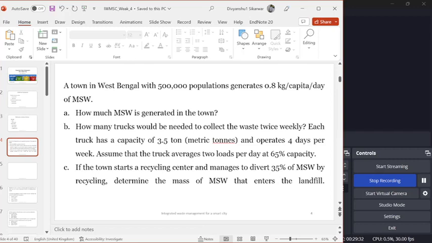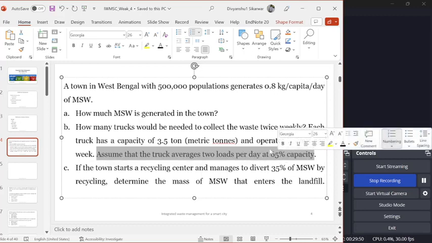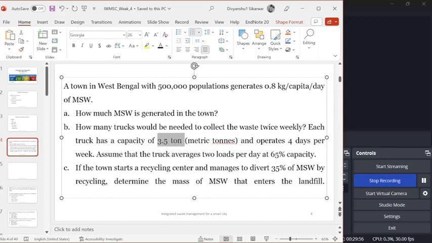Now that we have the amount of waste generated in one week, we need to calculate how much our truck can carry in one trip. It is given that in a single trip the truck will carry waste only up to 65% of its capacity.